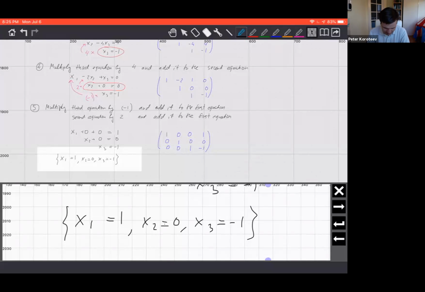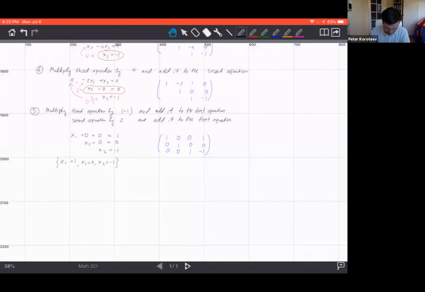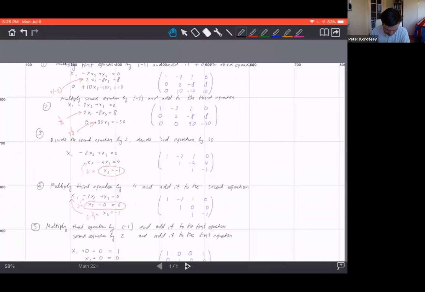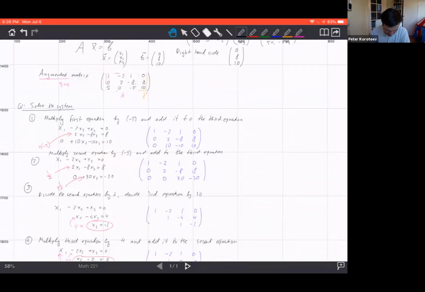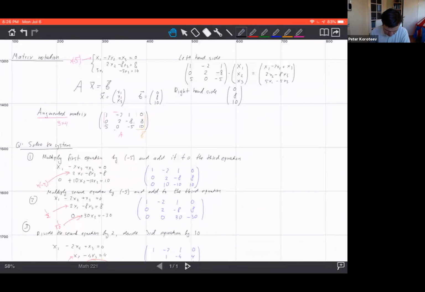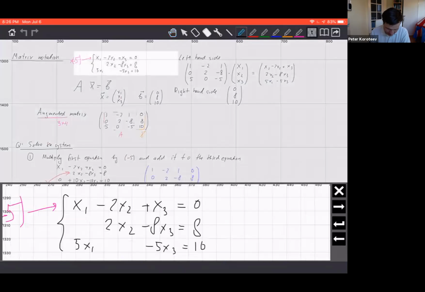Geometrically, it can be represented by having the 3 planes that are described by the first 3 equations here. So let's look at the beginning. We can interpret each of these 3 equations as equations for a plane in coordinates x1, x2, x3. And then it turns out that these 3 planes will intersect at one point.